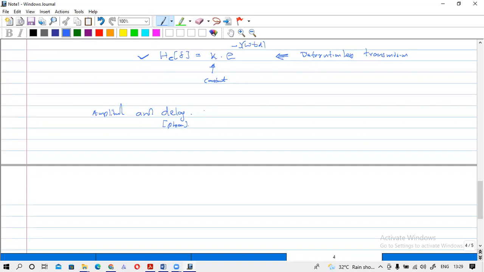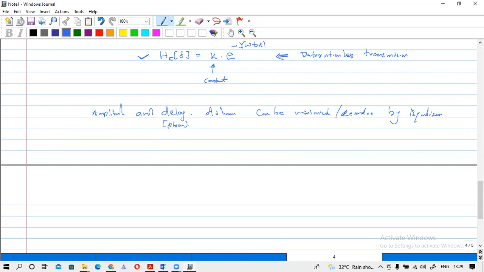This amplitude and delay distortion can be minimized or removed by an equalizer.